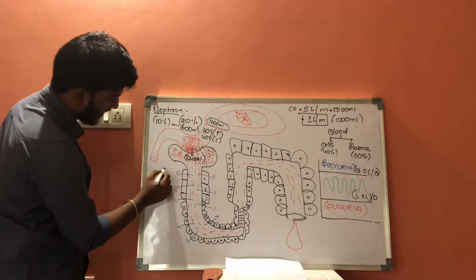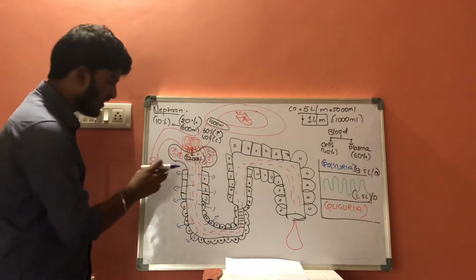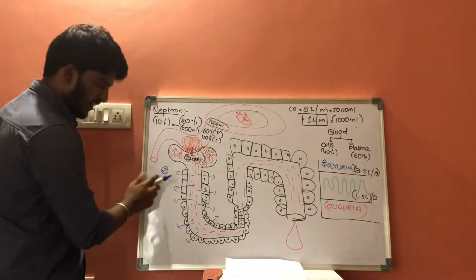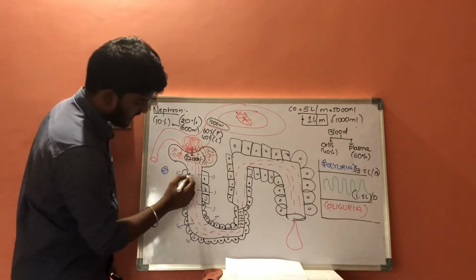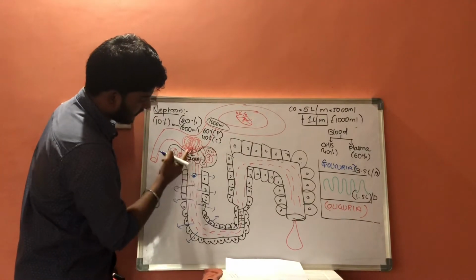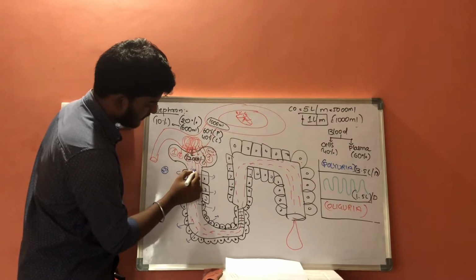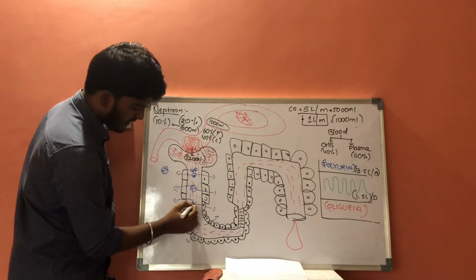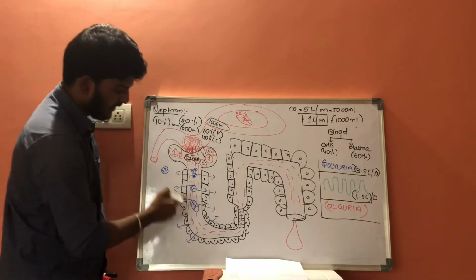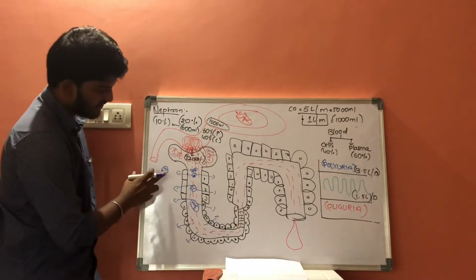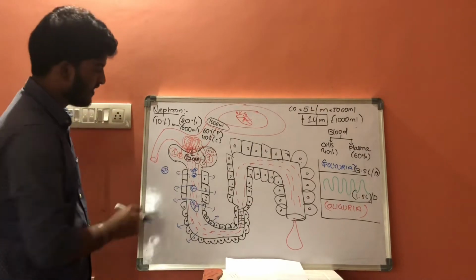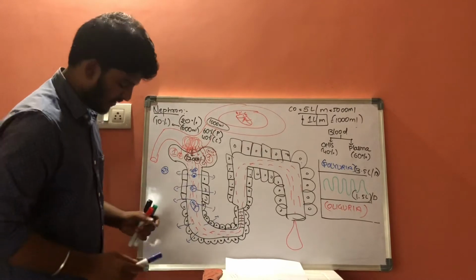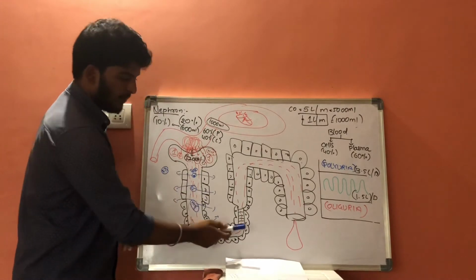This is the second step. First one is glomerular filtration. Second one is tubular reabsorption, that is, the important constituents like sodium, chloride and bicarbonate will be reabsorbed back. After the tubular reabsorption, the leftover content will be moving outside.